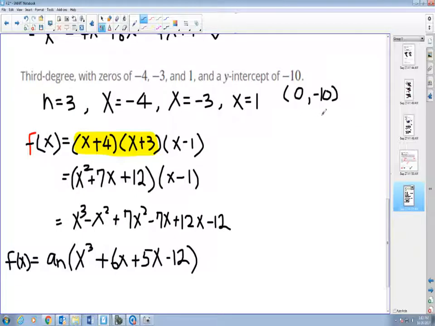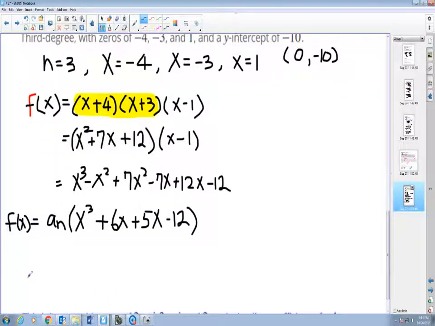So my y is negative 10. That means negative 10 can equal this leading coefficient of some sort times my entire polynomial. So when does y equal negative 10? It equals negative 10 when all the x values are 0.